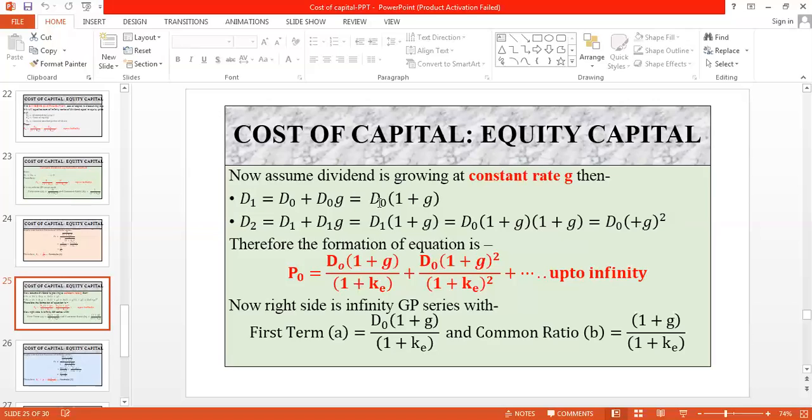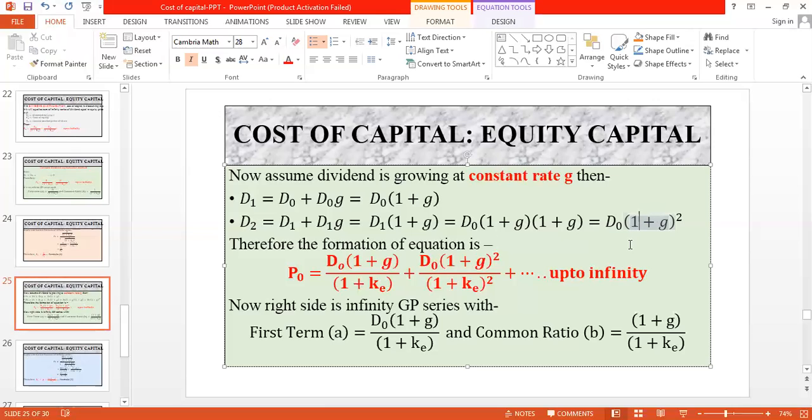So D1 was D0 into 1 plus G, and D2 was D0 into 1 plus G whole square. Generalizing it, we can write Dn is equal to D0 into 1 plus G to the power n. So we can substitute this generalized figure in place of D1, D2, etc. of the original expansion.